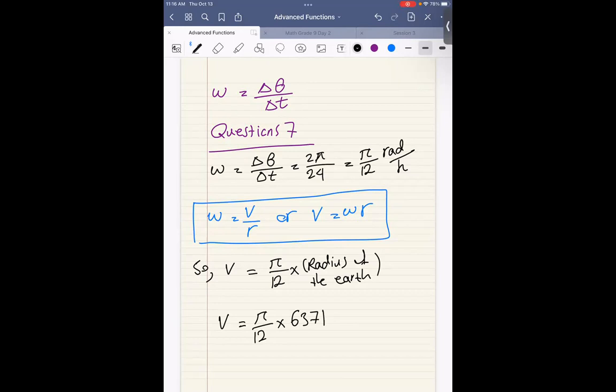Can you divide 6,371 by 12? So let me do this. 6,371 divided by 12 is 531. Sorry, 531. And you multiply it by pi.